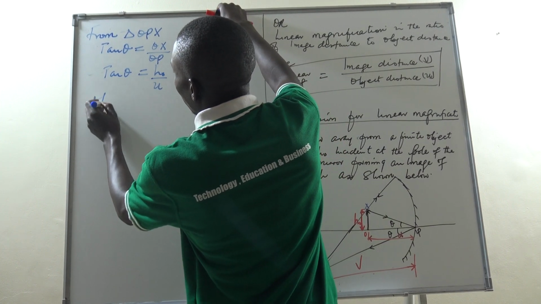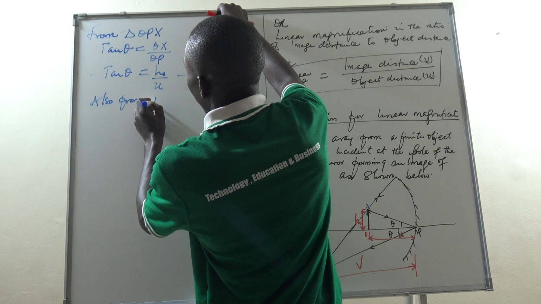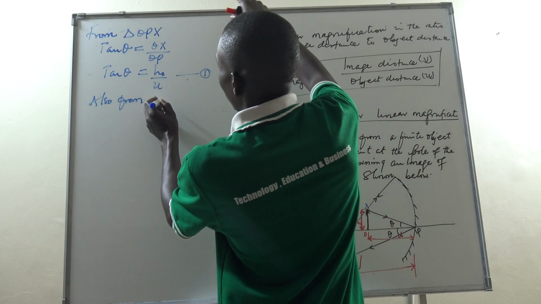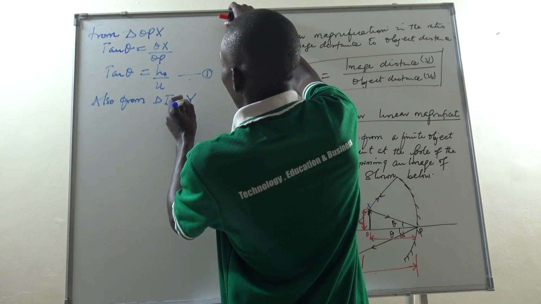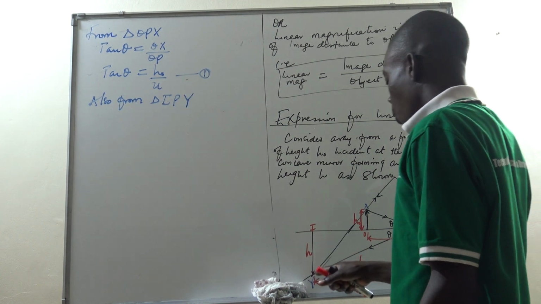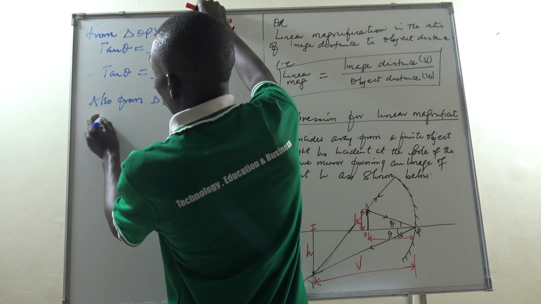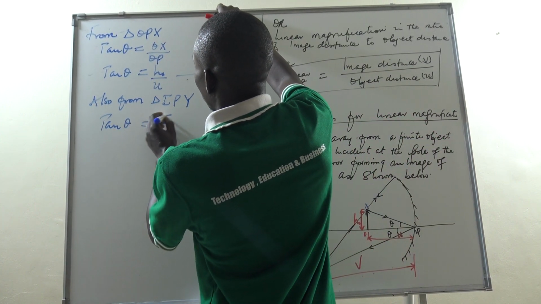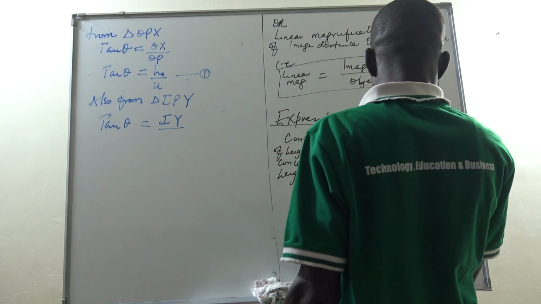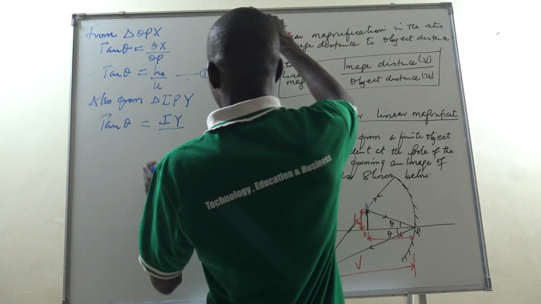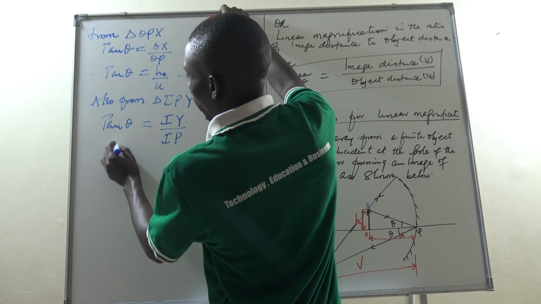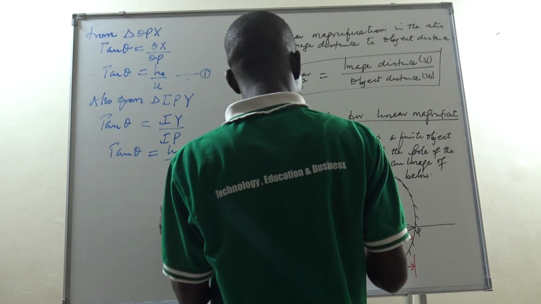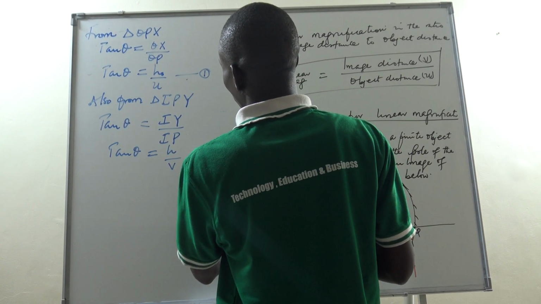And then also from my triangle IPY, we shall say that tan theta as well is the opposite, which is IY, out of the adjacent, that is IP. And then you can say tan theta equals IY is H and IP is V, equation 2.